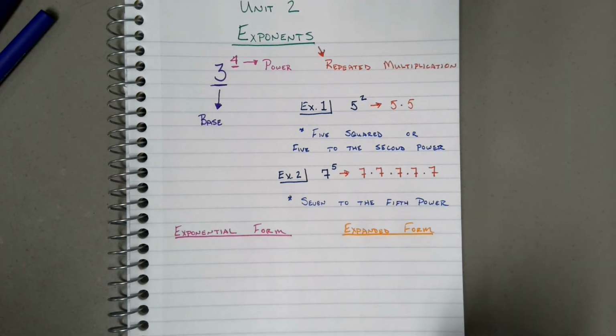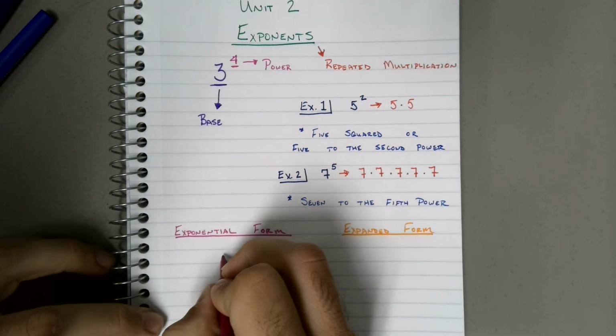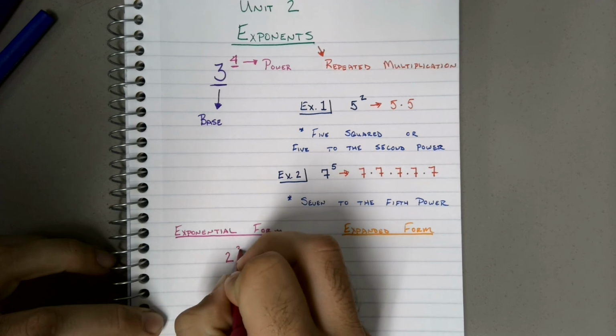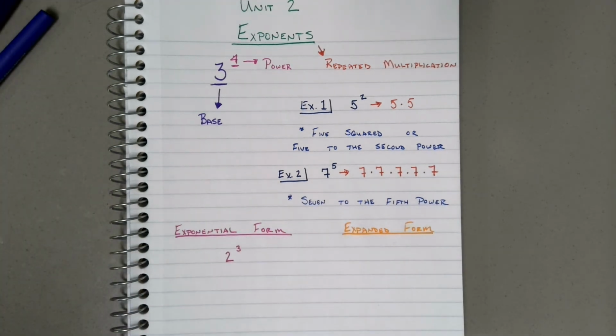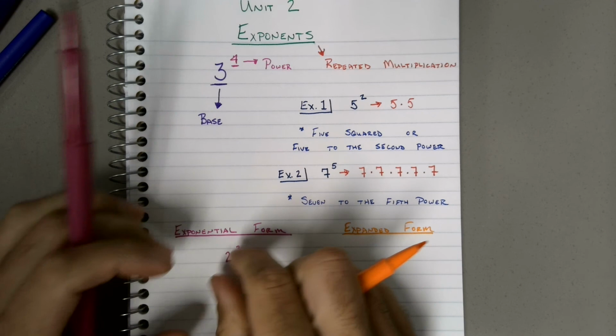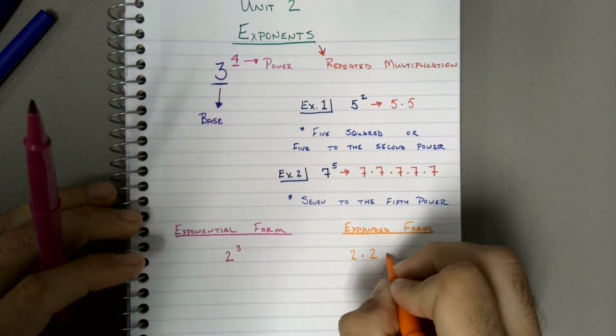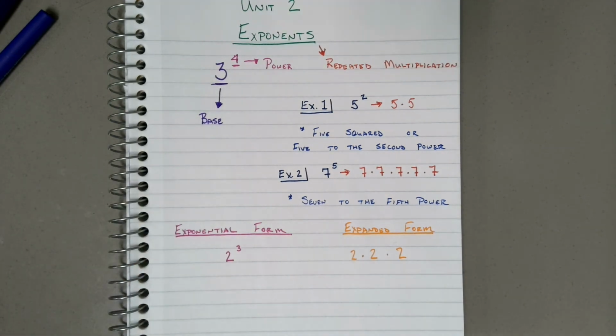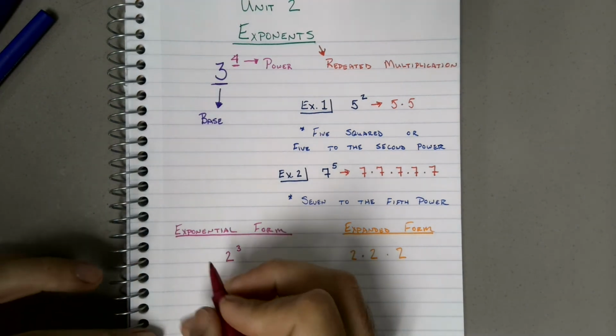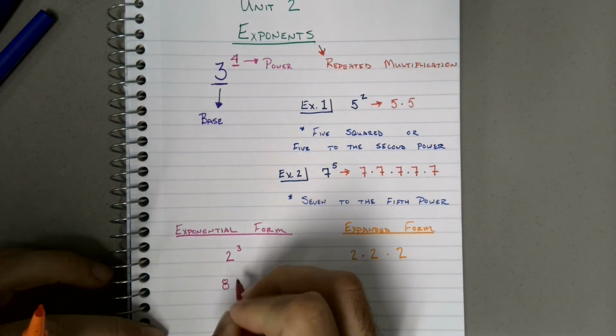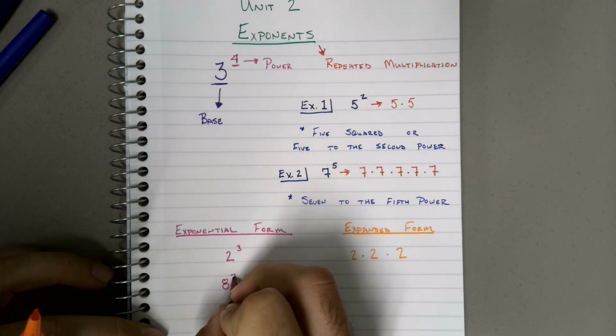Okay, so let's say if I have 2 to the 3rd power. This is exponential form. Expanded form, we're going to expand this out, would be 2 times 2 times 2. Okay, let's say if I have 8 to the 7th power.